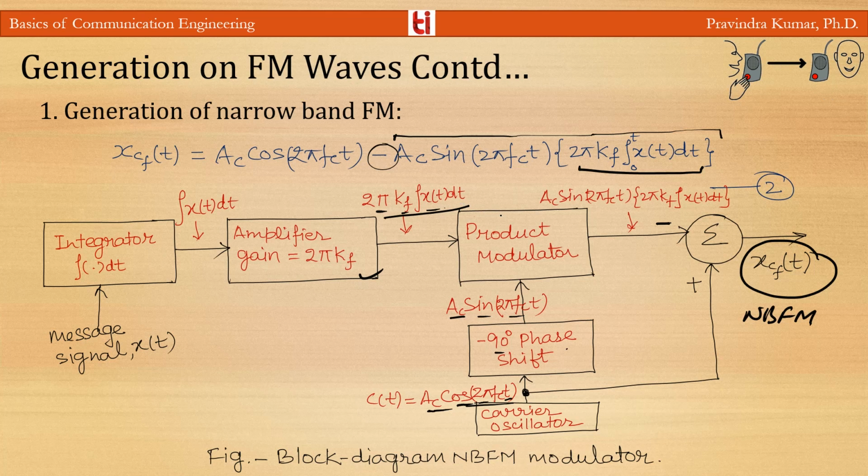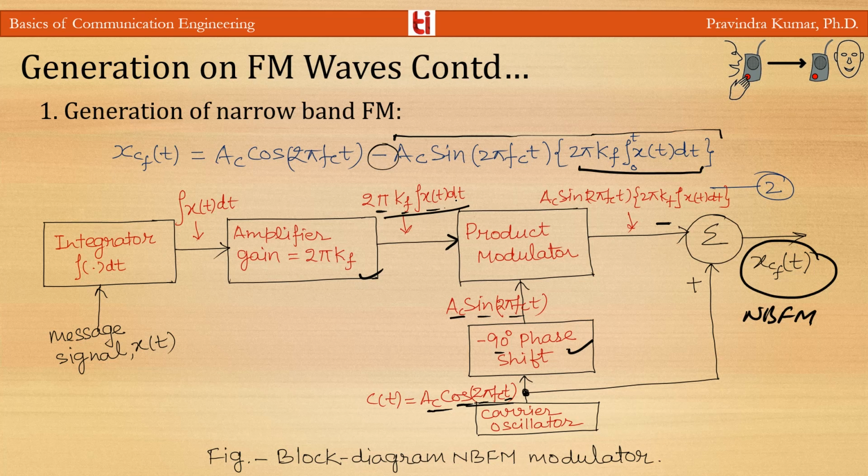The carrier Ac cos 2π fc t is phase shifted by 90 degrees with the help of a 90-degree phase shifter to get Ac sin 2π fc t. The product modulator has two inputs, 2π kf ∫x(t)dt and Ac sin 2π fc t, and its output is Ac sin 2π fc t into 2π kf ∫x(t)dt.